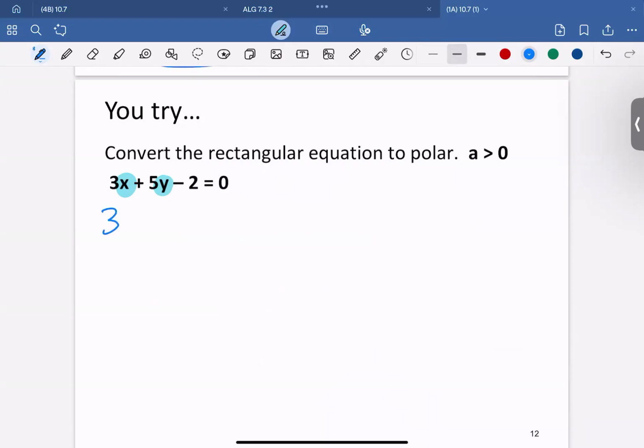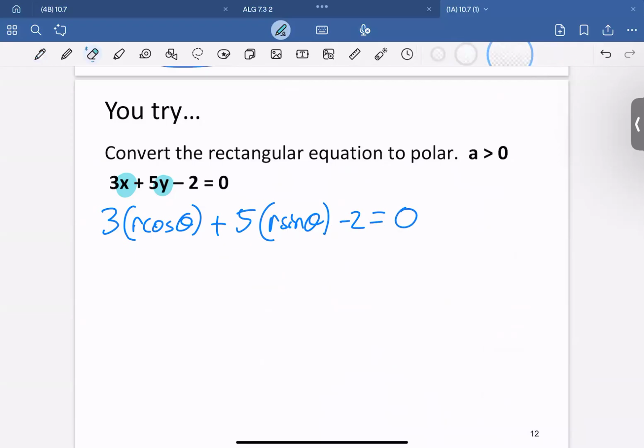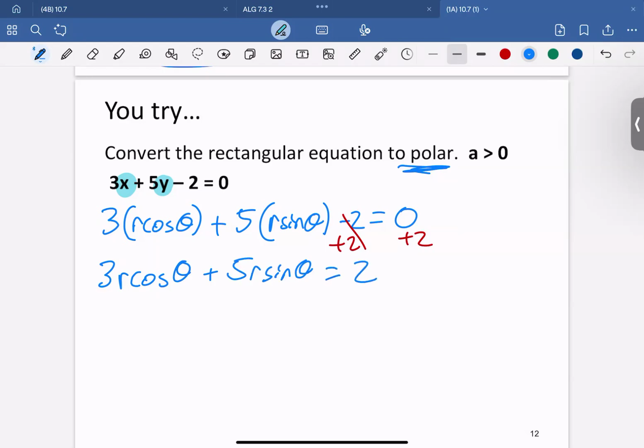So we know we can plug in and substitute X and Y. So I'm going to do 3 times R cosine theta plus 5 times R sine theta minus 2 equals 0. All right. And then what's next? Why don't we isolate to try to find our variables? In this case, we'll be looking for R to make it polar. But I'm going to add 2 over, giving me 3R cosine theta plus 5R sine theta equal to 2.